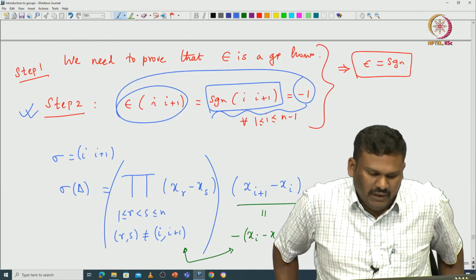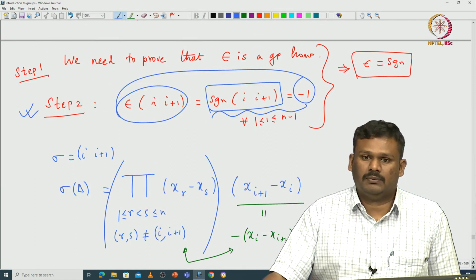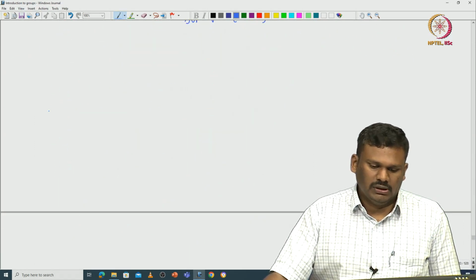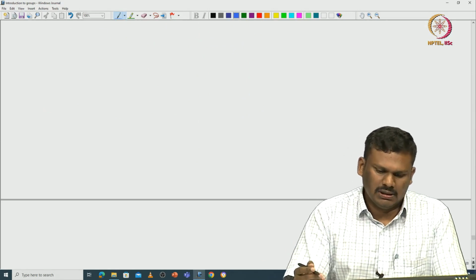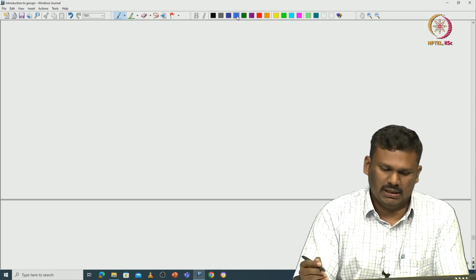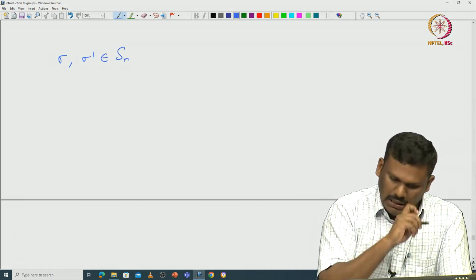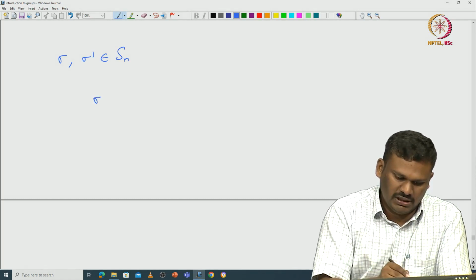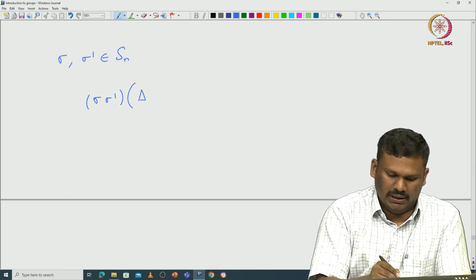Now we need to verify that epsilon is indeed a group homomorphism. For that we need to check how it acts on delta. It is actually an easy thing to check. Suppose we start with sigma and sigma dash from S_n, and we want to see how sigma dash, as a permutation, acts on delta.